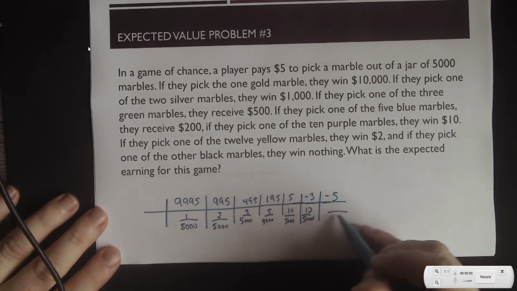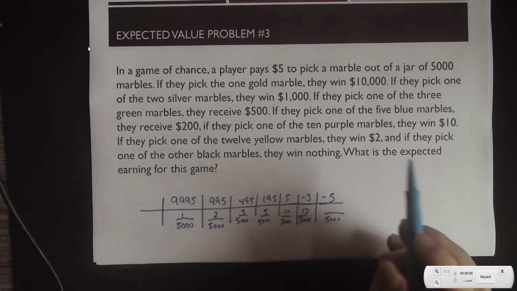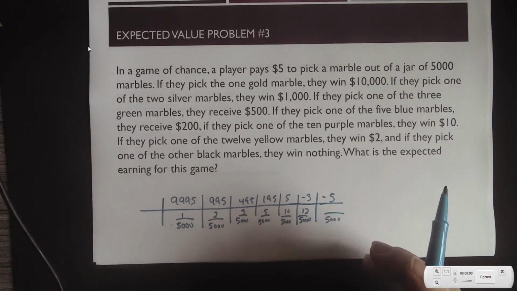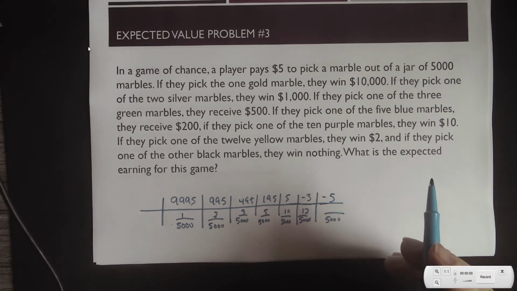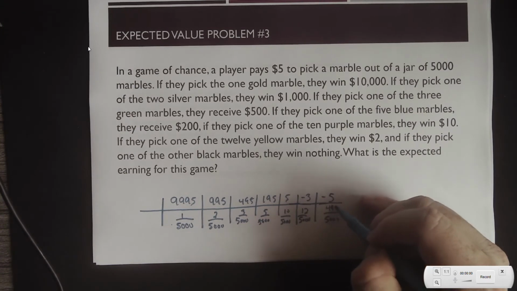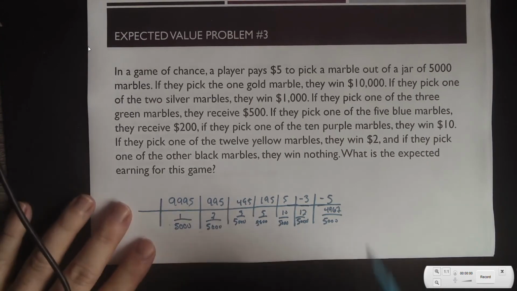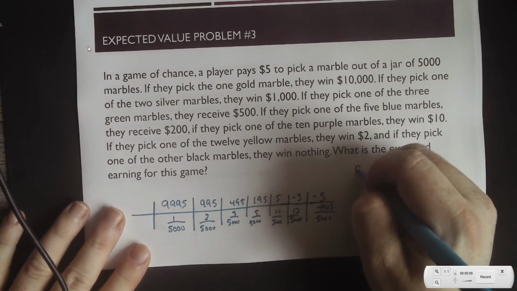To figure out what's left, all I've got to do is add the numerators together. That gives me 33, and I deduct it from 5,000, which gives me 4,967. That way the numerators add up to 5,000, and we get 100%.